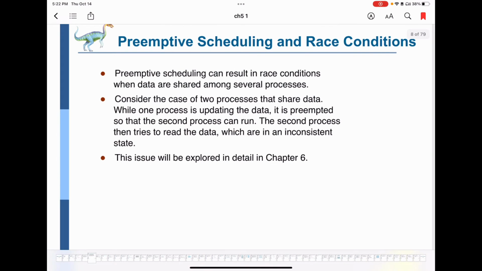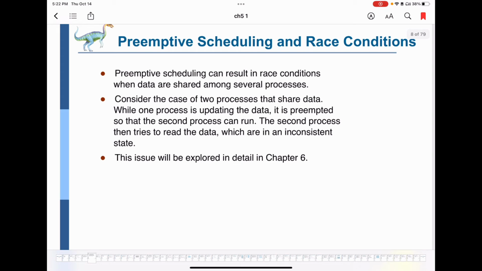Okay. Preemptive scheduling and race conditions. So, preemptive scheduling can result in race conditions when data are shared among several processes. Consider the case of two processes that share data. While one process is updating the data, it is preempted so that the second process can run.